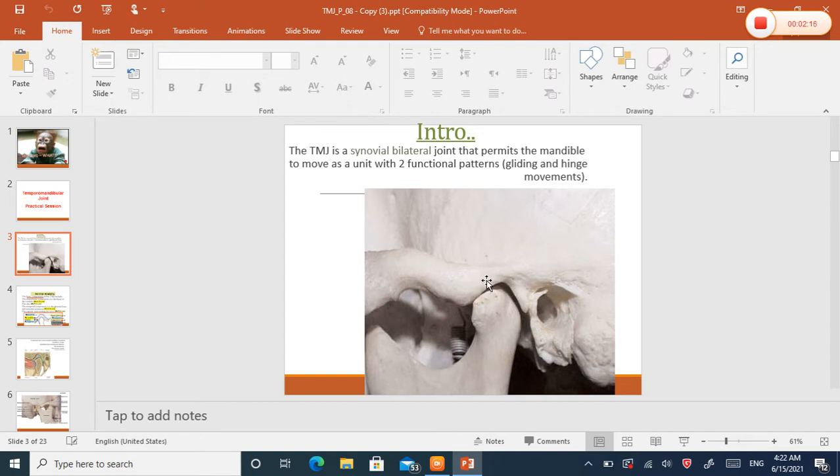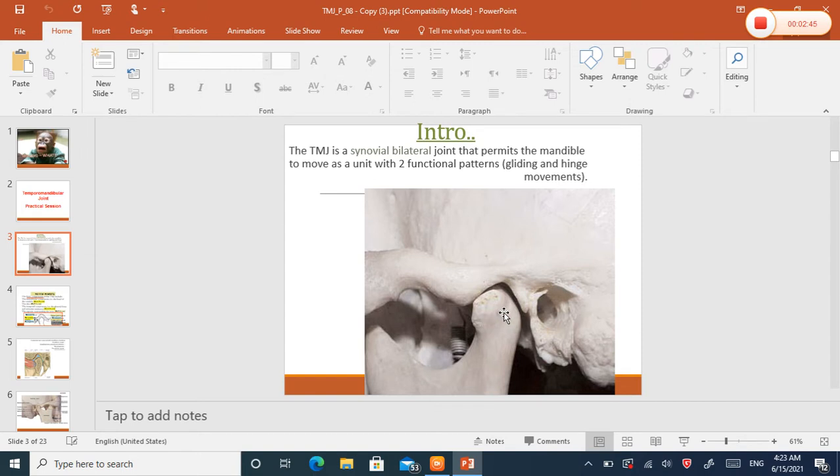It is an oval depression in the temporal bone just anterior to the auditory canal. This is the glenoid fossa. So when I point here and ask you to name this, you must write glenoid fossa.